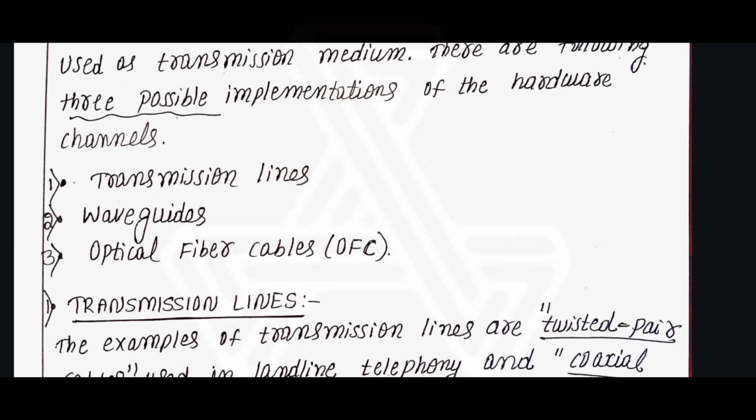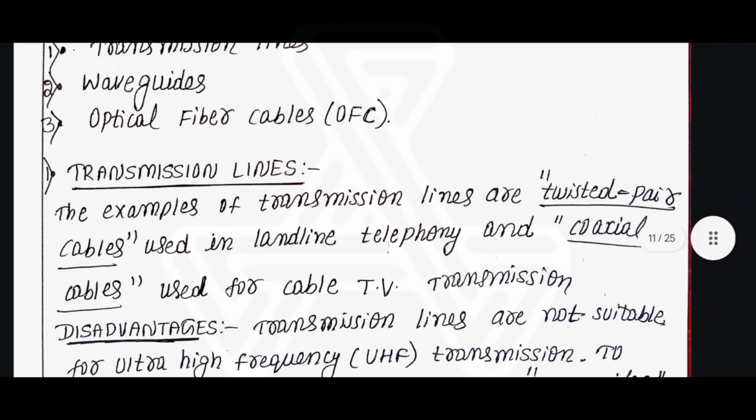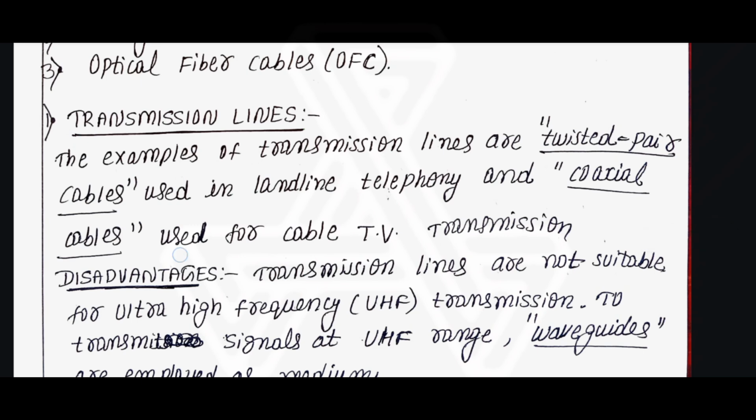Transmission lines, waveguides, and optical fiber cables. Examples of transmission lines are twisted pair cables used in landline telephony and coaxial cables used for cable TV. A disadvantage: transmission lines are not suitable for ultra high frequency transmission.